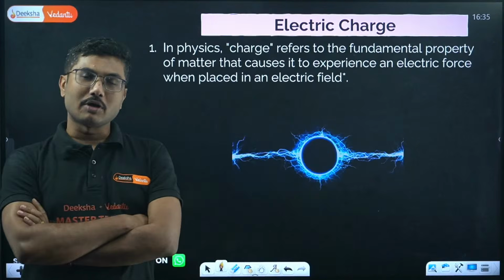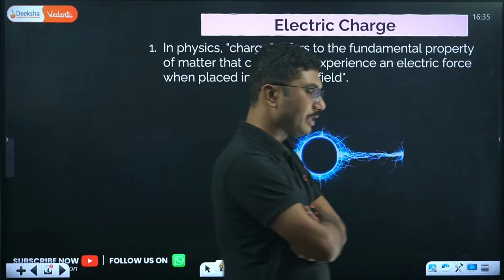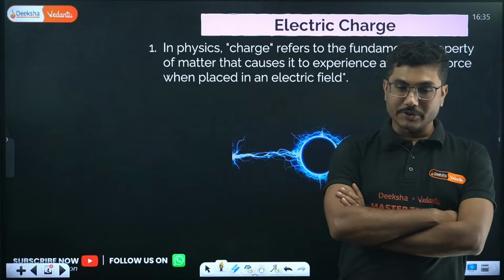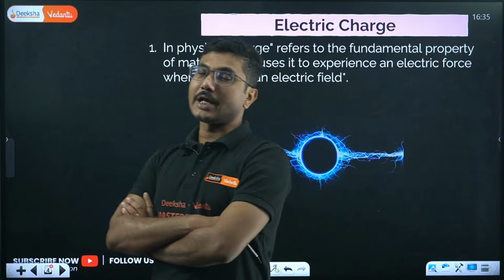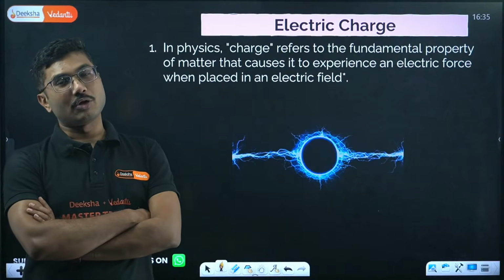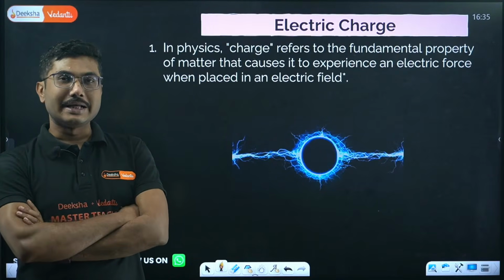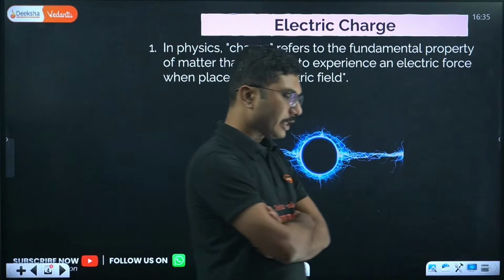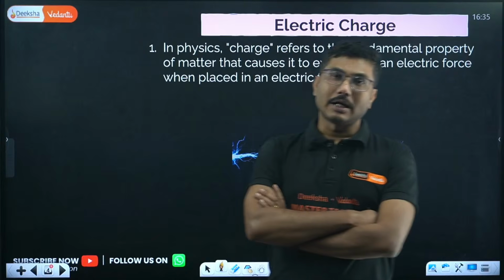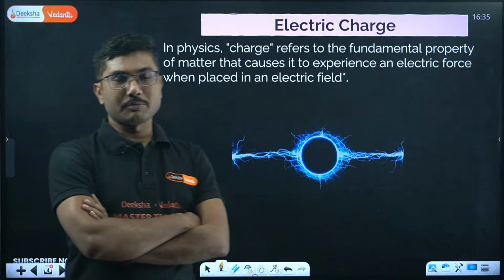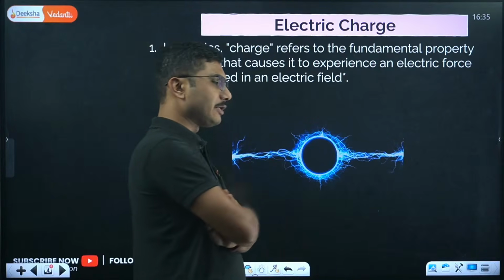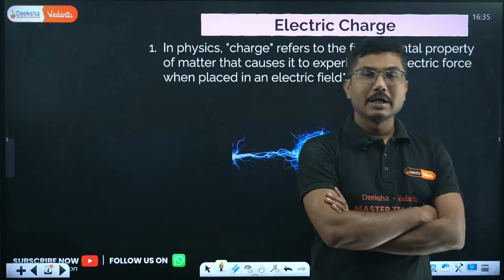Coulomb's law was even given without knowing the actual nature of the charges. The nature of the charges came in the early 19th century, almost 100 years later, when the existence of charge was discovered. That's why electric charge is not always electron or proton. Even without knowing whether it is electron or proton, we can discuss electric charges.